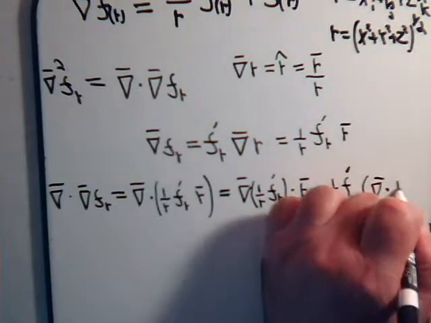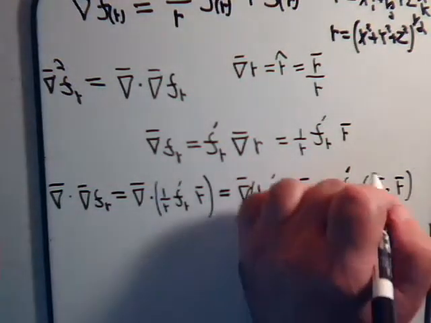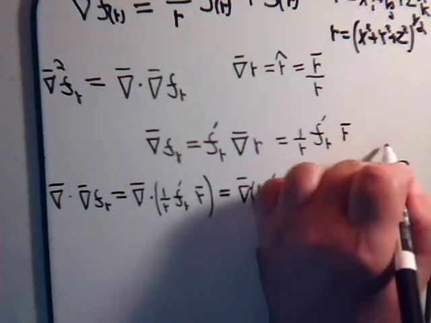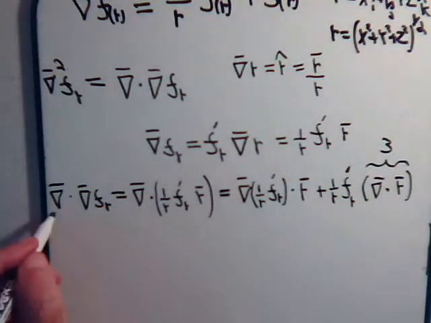In this case, it is the divergence of the position vector, and that, if you watch the previous videos, you know equals 3.